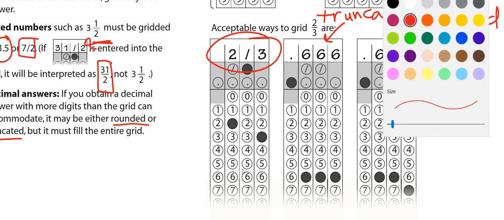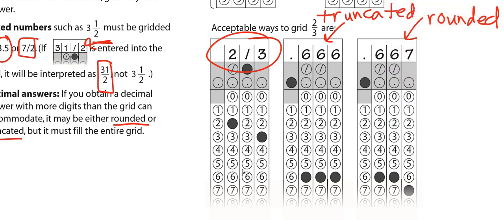You know what they're not going to accept on this particular one? They're not going to accept 0.6 as an answer. They're also not going to take 0.66 as an answer. You want to know why? Because if you decide to write it as a decimal, you must fill the entire grid.